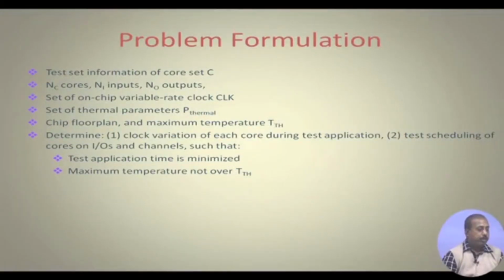So, those parameters are to be determined, and the objective is to minimize the test application time. We determine this clock variation and test scheduling of IOs and channels such that the test application time is minimized and the maximum temperature is not over this T threshold. As I said, this is a DTM related threshold. So, this is the problem to be solved.